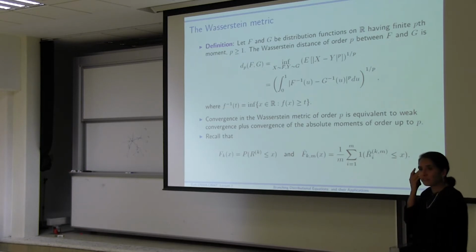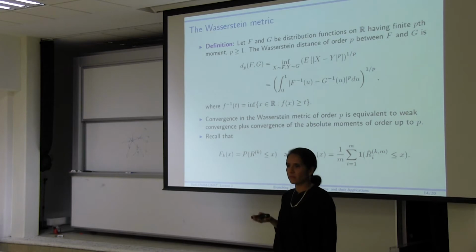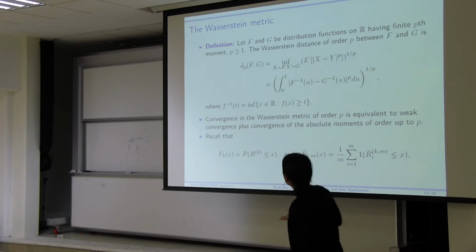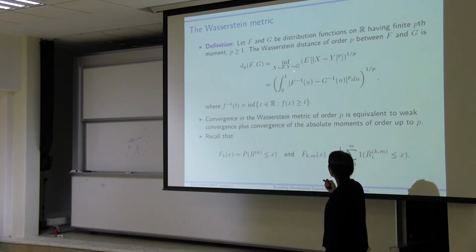And the family of metrics that I find particularly useful, and that people in weighted branching processes have found useful for many years now, is the Wasserstein metric. The Wasserstein metric is basically the infimum over all couplings of my two distributions f and g.